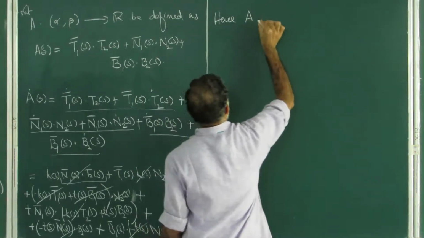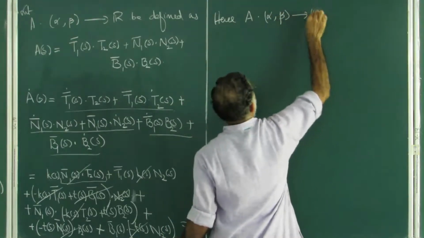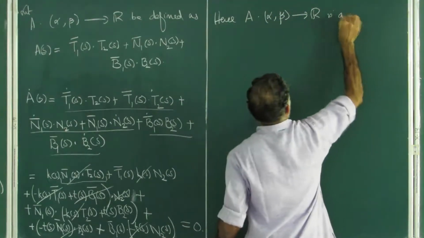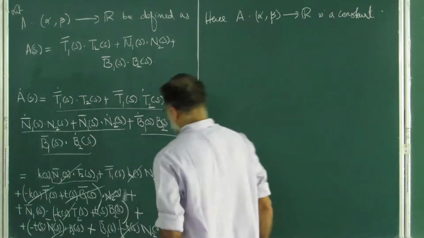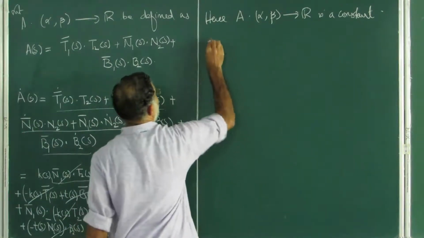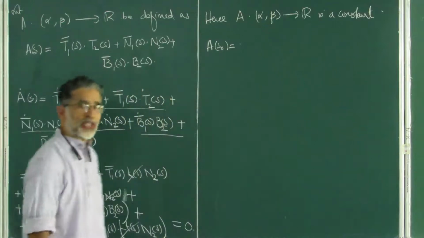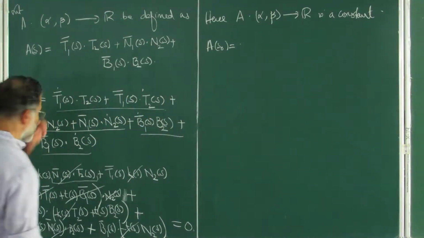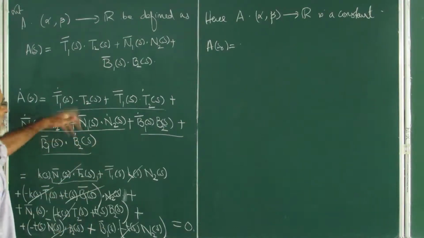A from alpha beta to R is a constant. Of course, we can immediately find out the constant. It is not difficult because let us write down A S naught. That will completely give you the constant. What is A S naught? Because the way we have rotated at S naught, they all coincide.